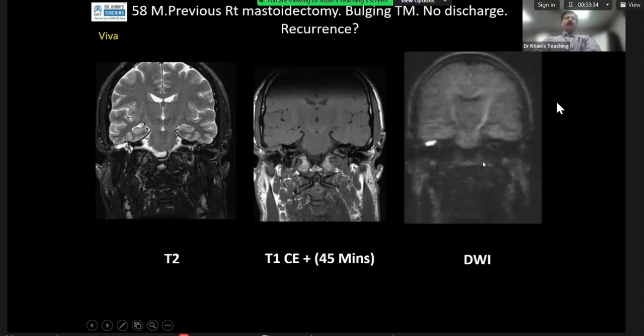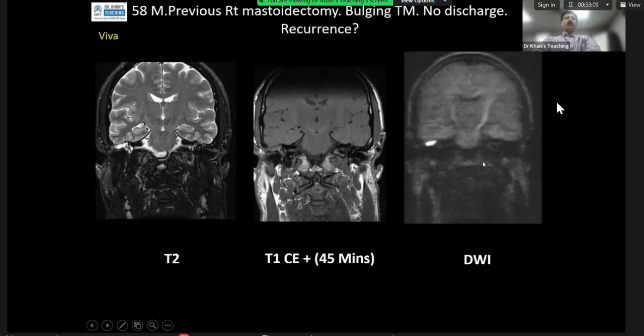Recurrent cholesteatoma is a nightmare on CT. Why? Because recurrent means that it has already been operated. They will do a partial mastoidectomy or even more extensive types of mastoidectomies. So there will be just soft tissue visible on CT scan.